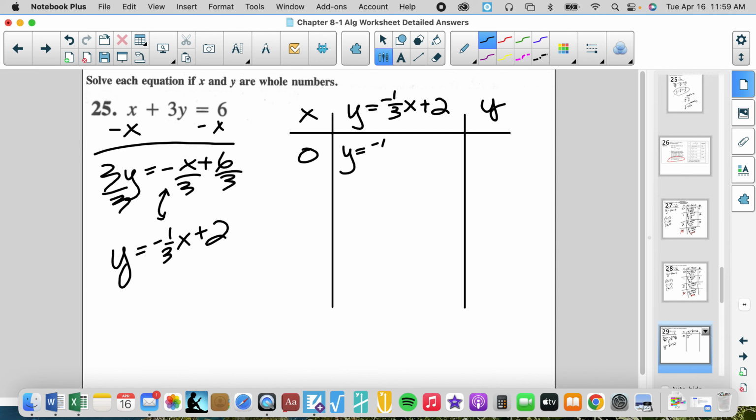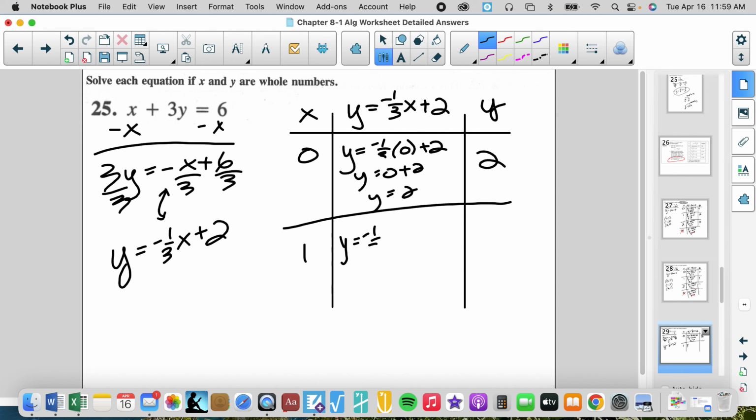And you get -1/3 times 0 plus 2, which is 0 plus 2, which is 2. That works. 1, y equals -1/3 times 1 plus 2. Y equals -1/3 plus 2. Y equals 1 2/3. Not a solution because it's not a whole number.